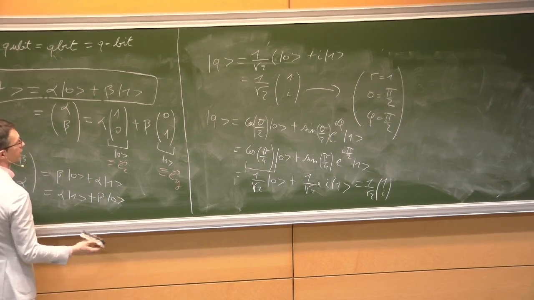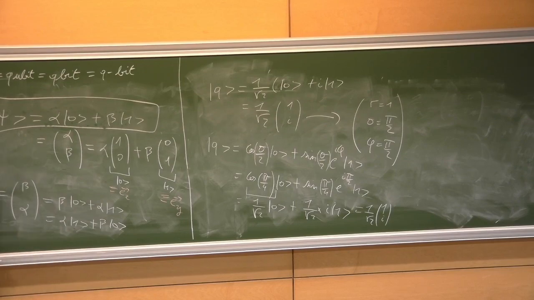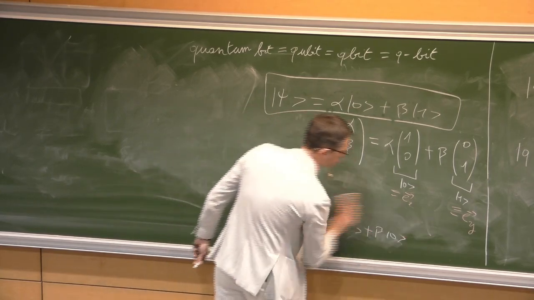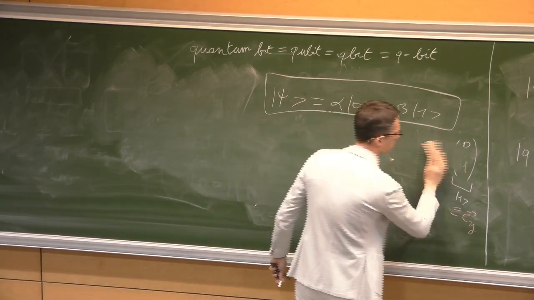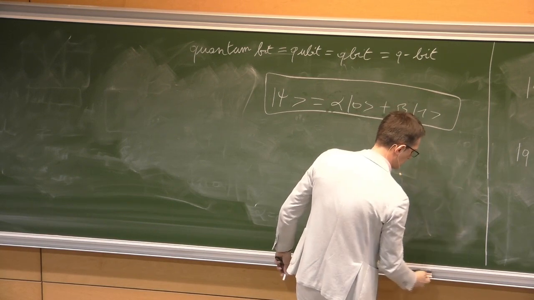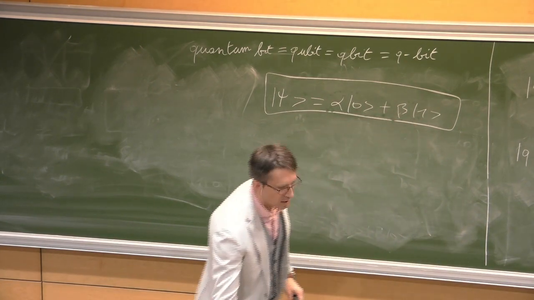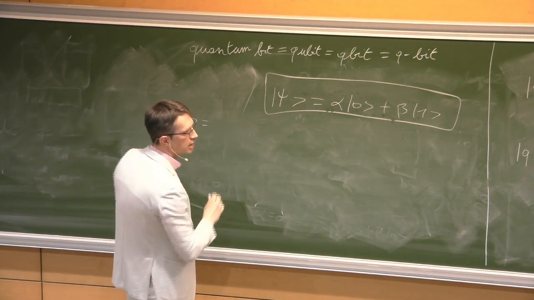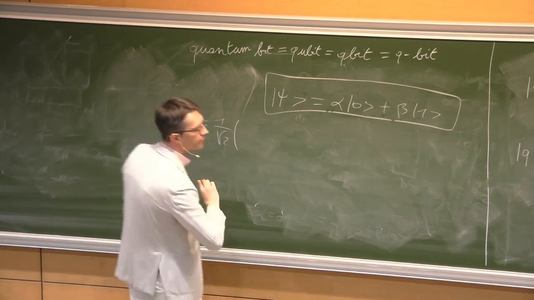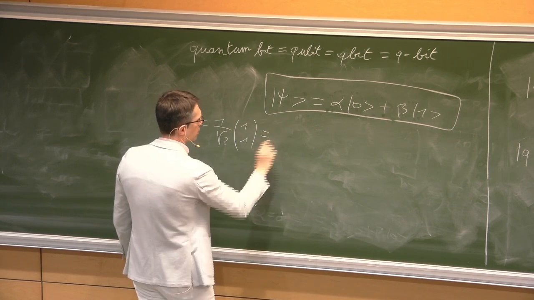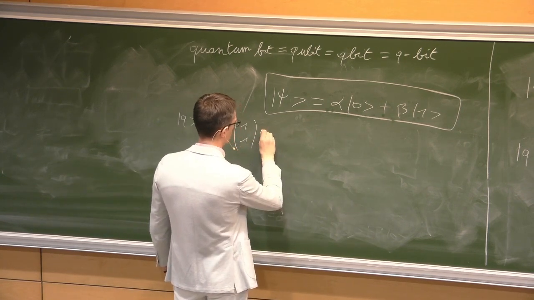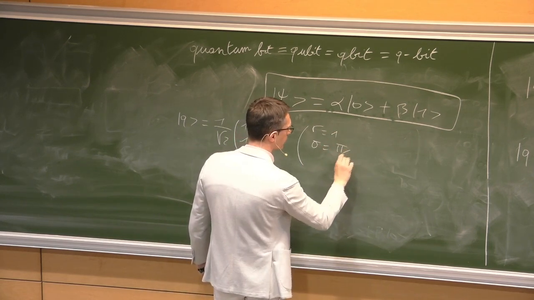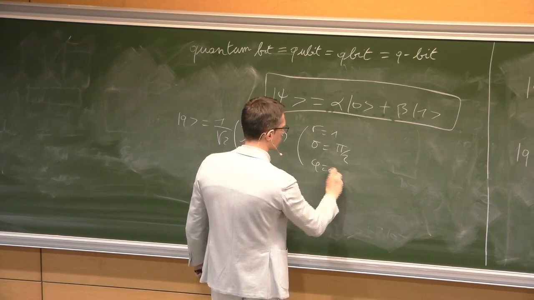And I can generate any others. So for instance, the other one, same idea. If I have this qubit, which is 1 over square root of 2, 1, 1, then R equals 1, theta equals pi over 2, and phi equals 0.